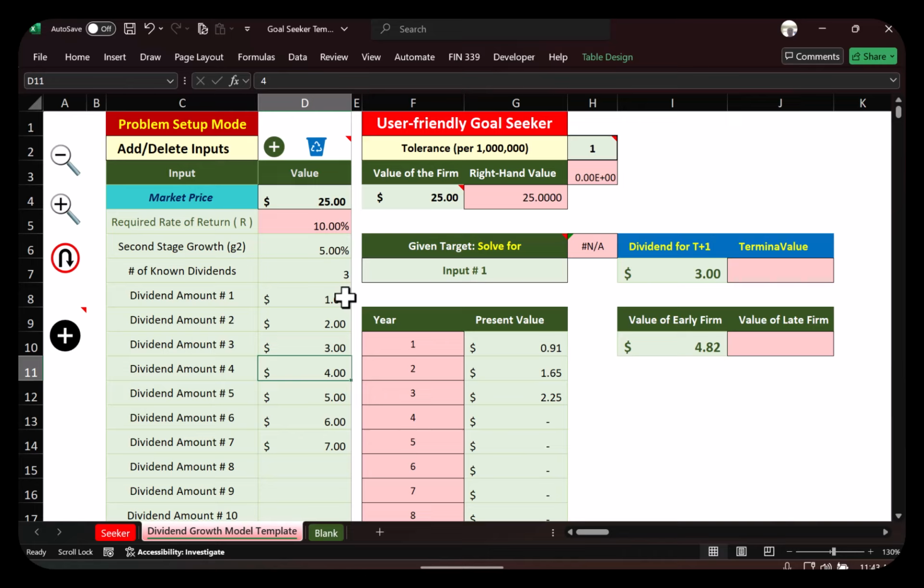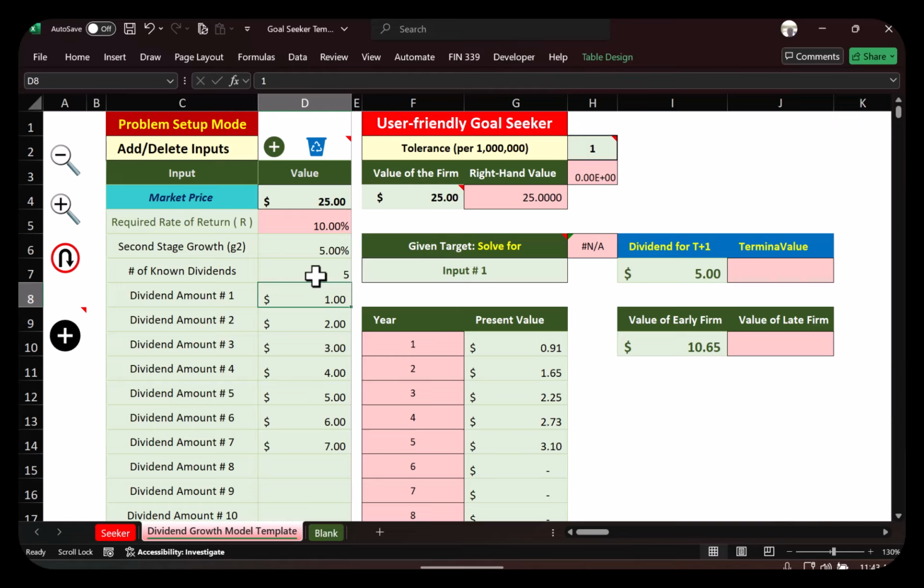If I had 5 known inputs, it should get me $5, right? All I'm doing is go to first dividend, go down t minus 1 rows from that, grab the value, put it there.